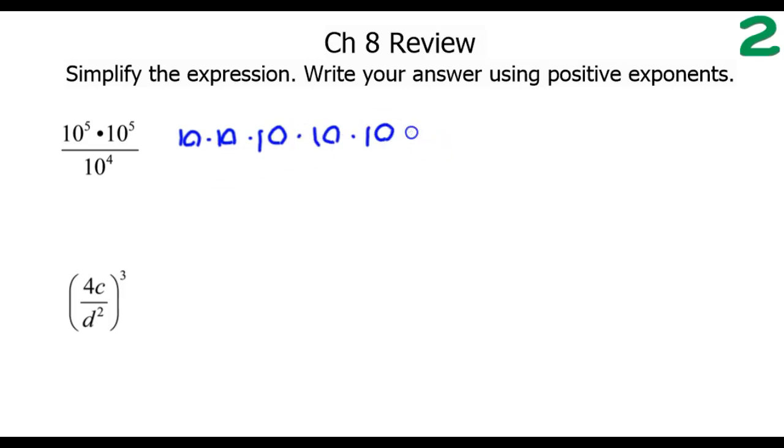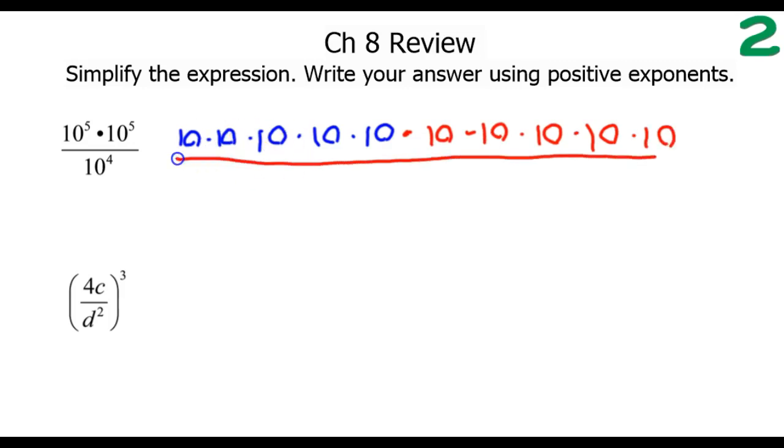We also have 5 more tens on the top. So we have 10, 10, 10, 10, and 10. So in total, we have 10 tens on the top. On the bottom, though, we only have 4 tens. So 10 times 10 times 10 times 10.